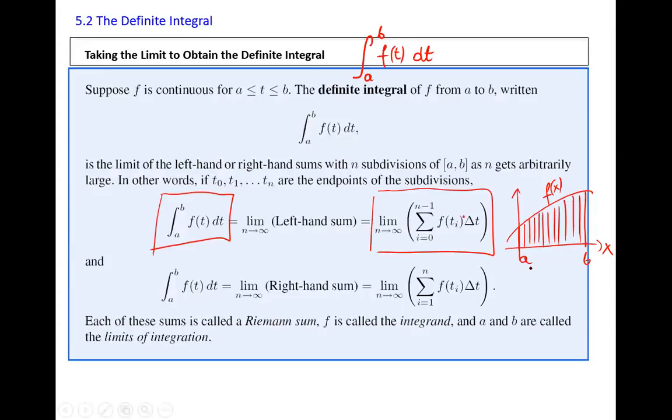Sigma is telling me that I am adding them. And each of them has the area: this is the base, and that's the height. Delta t will give me the base of the rectangle, and the value of the function for the corresponding points, left or right, will give me the height. Base times the height is just the area of the rectangle.